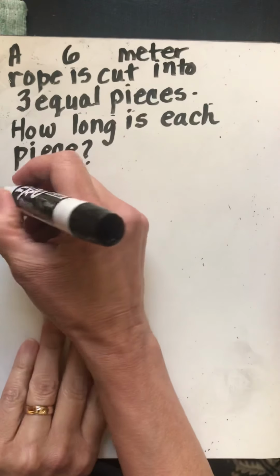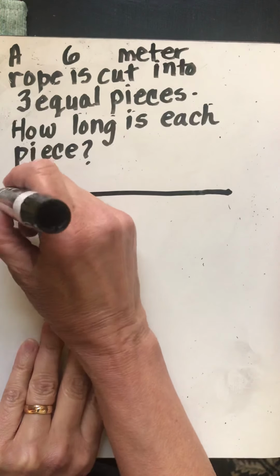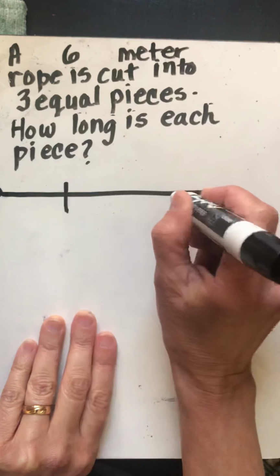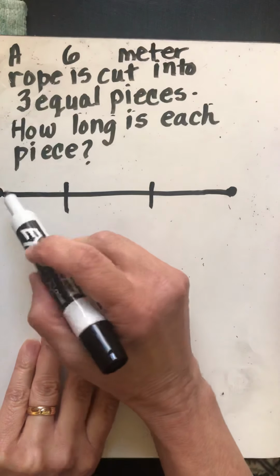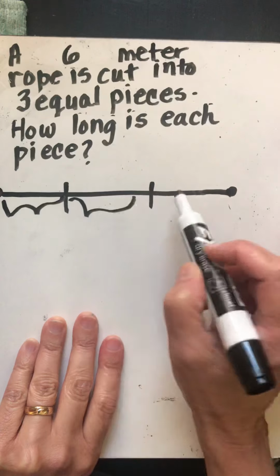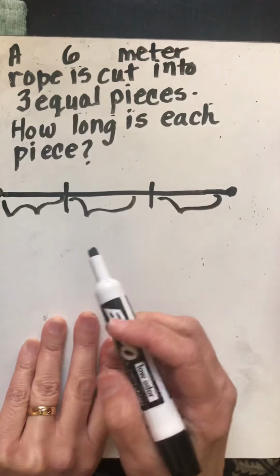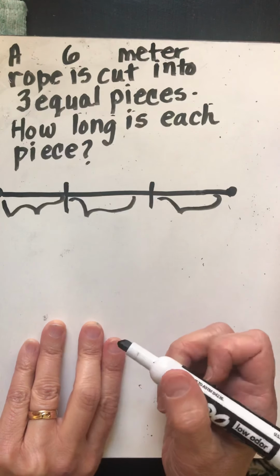So I'm just going to pretend we have 6 meters here, and I'm going to divide it into 3. Now they want to know how long each of these little pieces is. We're dividing it up equally. So let's write a number model.